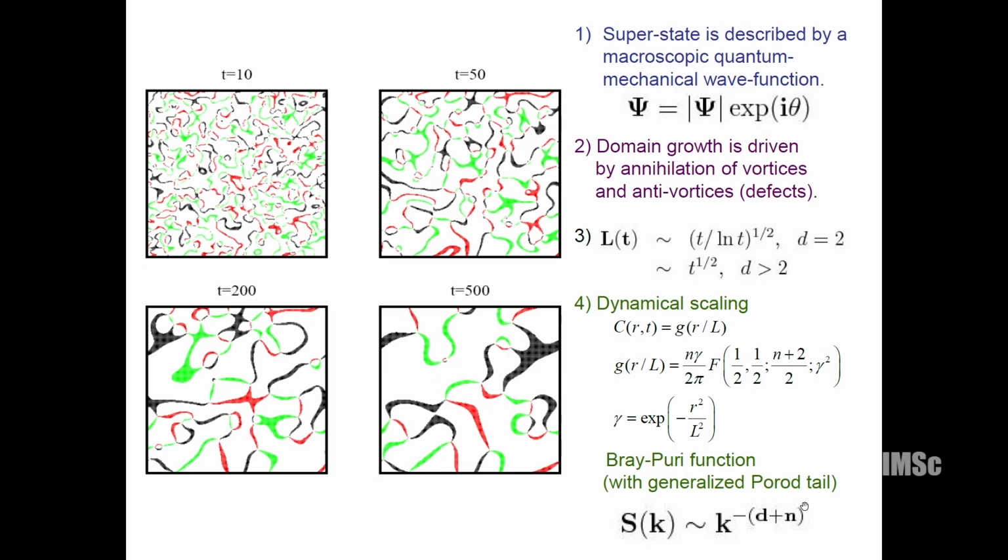I bring your attention to this point here where 3 colors meet, okay. Basically that is my depiction. So, the 3 colors refer to 3 different values of the phase angle window. So, if you go round that central point clockwise you pick up a phase angle of 2 pi, and then there are other points, if you go round them you pick up a phase angle of minus 2 pi.